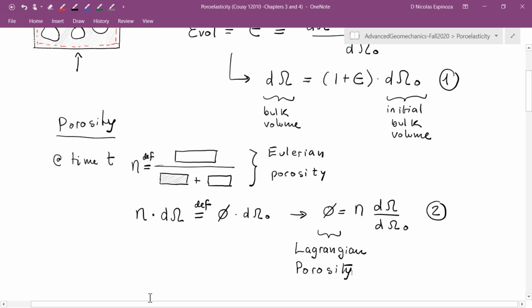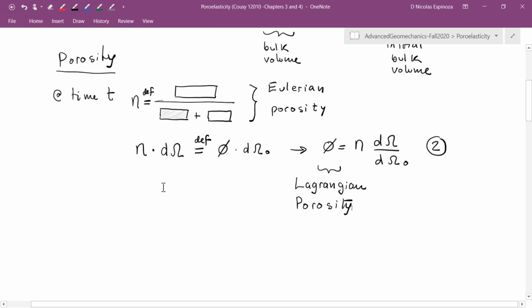All right, so now we have seen these two kinds of porosities, and we'll go ahead and make another definition. We'll define what the solid strain is.